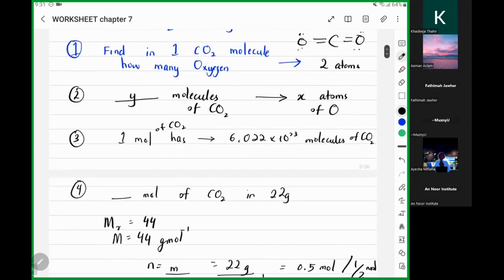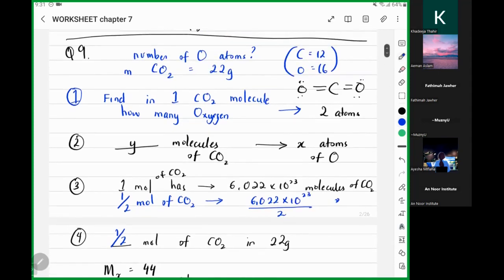So now we'll go backwards. We know that it is half a mole. So if 22 gram is half a mole of CO2 and 1 mole has this much, half a mole of CO2 will have how much? Half of this, obviously. Divide by 2. I'll just leave it like this, molecules of CO2. Now I'll take green.